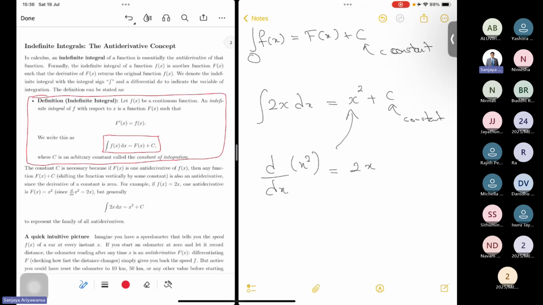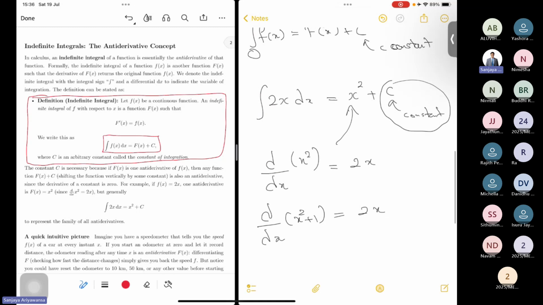So what are we ideally doing? We are finding the antiderivative for 2x, which is x squared. We are basically working ourselves backwards. But why is this constant important? Even if I were to differentiate x squared plus 1, I get 2x.